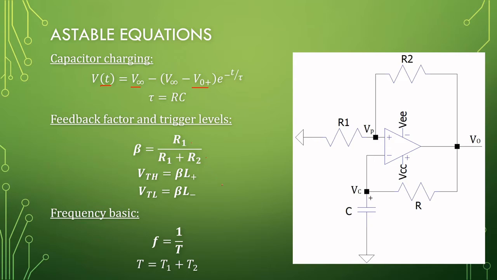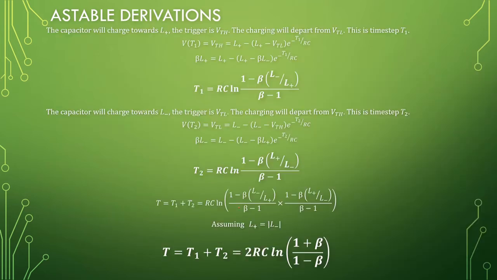Typically, you will choose R1 and R2 to be the same value, having your beta at 0.5. Okay, so that is the typical choice. So this gives us our trigger levels, which will feature heavily in our capacitor charging and discharging, and our frequency is 1 over T.